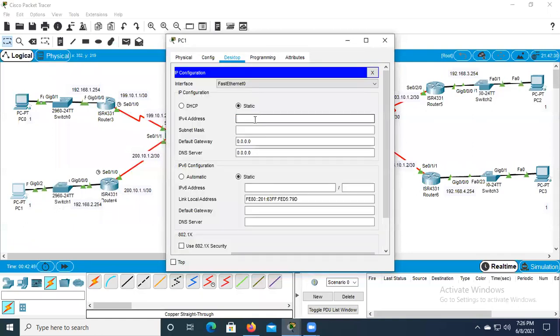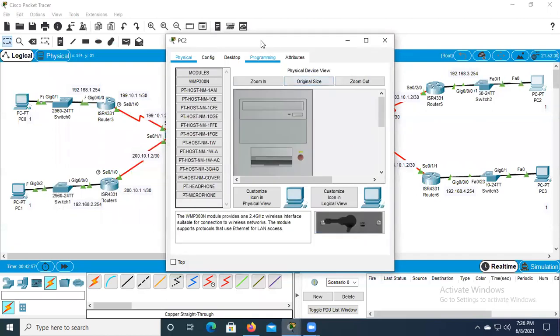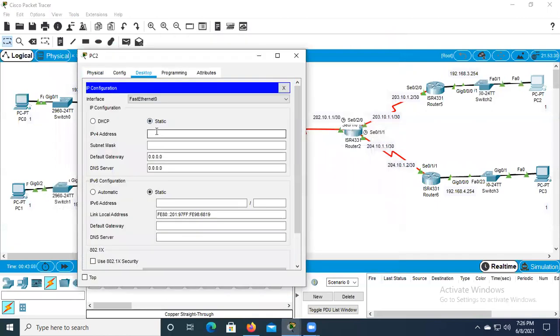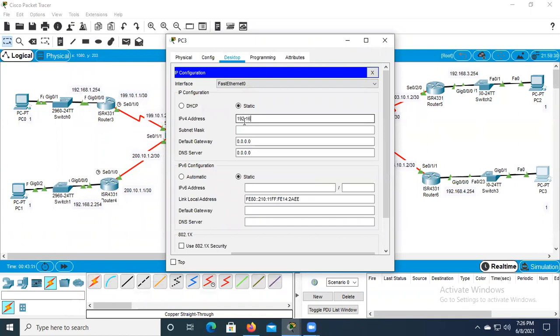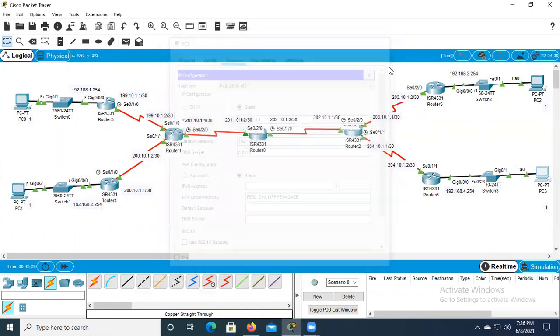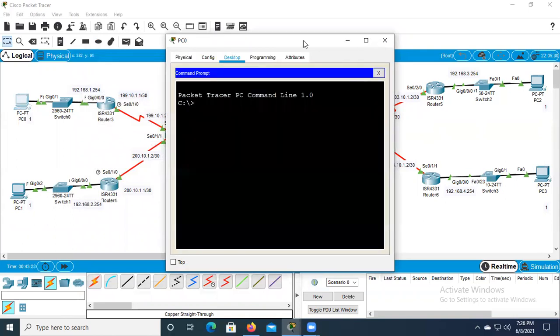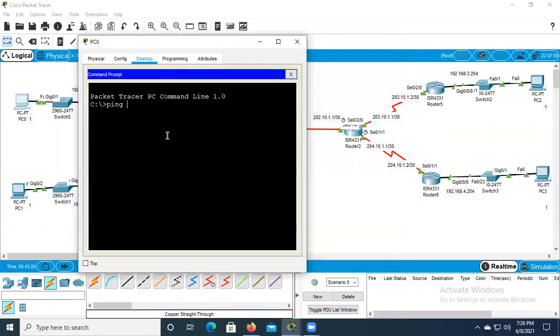This is 2.1, 2.254, 3.1, 3.254, 4.1, 4.254. Now let me ping from my PC to the other one, to the other area 2, which is 192.168.3.1.